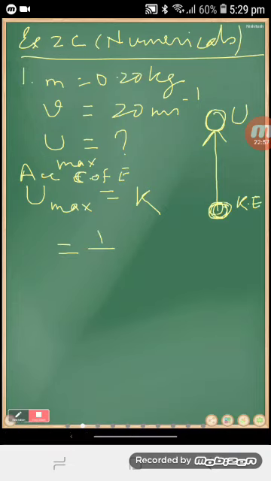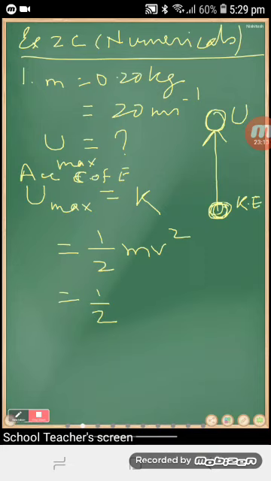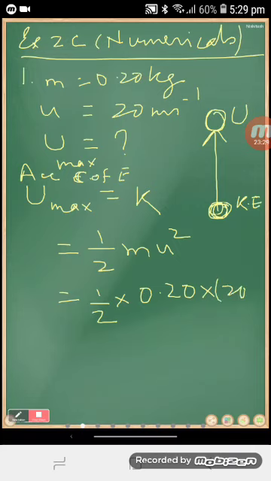K is given as half mv square, that is half into m into u square, where u is the initial velocity, so we'll use the symbol u. So half into mass, 0.20, into 20 square.